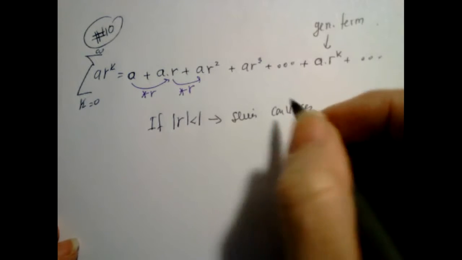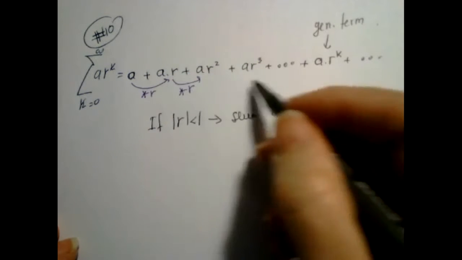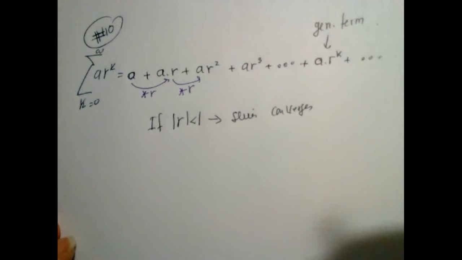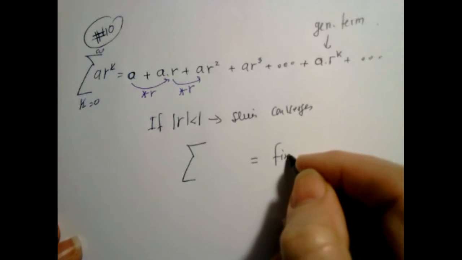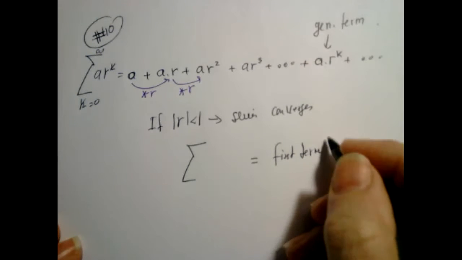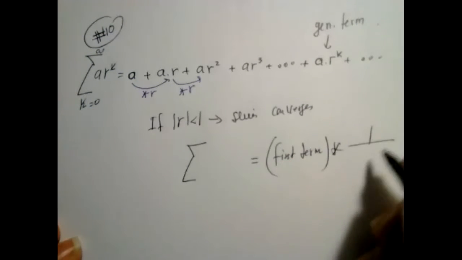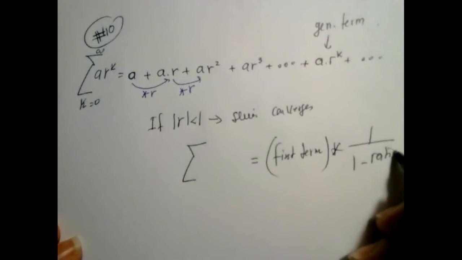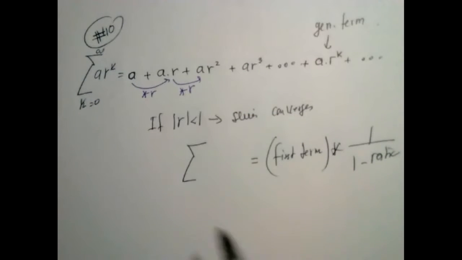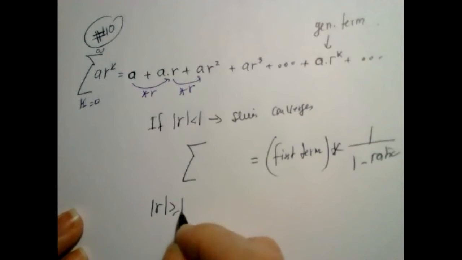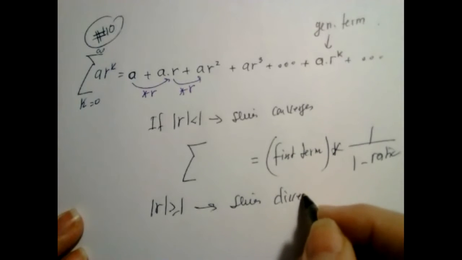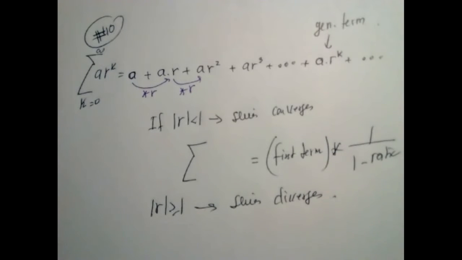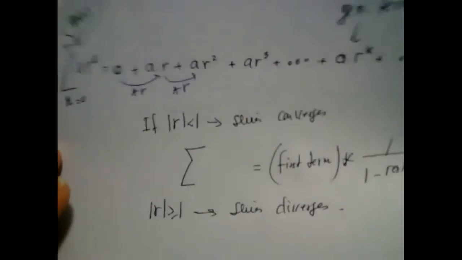It means as we keep adding more and more terms, we approach a finite number, and the sum is the first term times 1 over 1 minus the ratio, which is R. And if R is bigger or equal to 1, then the sum doesn't go anywhere. Either it goes to infinity or it doesn't approach any fixed number. Okay, so everything today is based on those criteria.